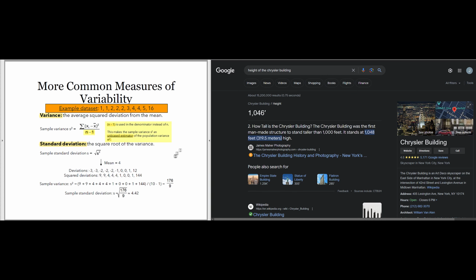Well, it's still pretty ridiculous. Now I only have two observations. I can compute a mean. Okay, what do we got? 1,046 plus 1,454. So that works out purely by accident to be exactly 2,500.